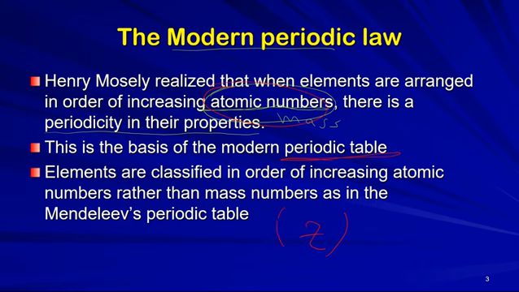Elements are classified in order of increasing atomic numbers rather than mass numbers, as Mendeleev's periodic table had predicted. So today we don't use Mendeleev's periodic table. We use the modern periodic table, but they almost look similar with the exception of these two arrangements: increasing atomic numbers and increasing mass numbers.